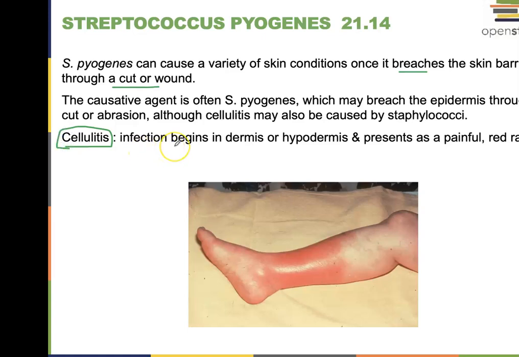Cellulitis is going to be different from those upper, more superficial skin infections because it begins in the dermis, or it can begin in the hypodermis. So pretty deep in the skin. It's going to present painful red swelling, pretty nasty infection. And again, Strep pyogenes, you could also get that from staph, but we'll talk about cellulitis as a Strep pyogenes infection.